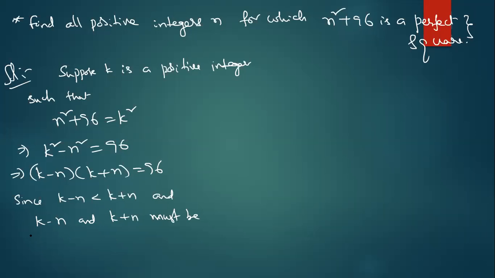Sir, k is equal to 10, n is equal to 2. Correct. So both are even numbers. Both must be even numbers or both must be odd numbers. Why?